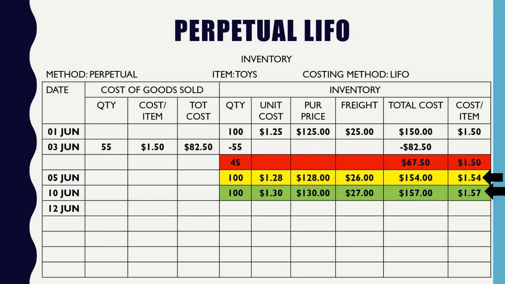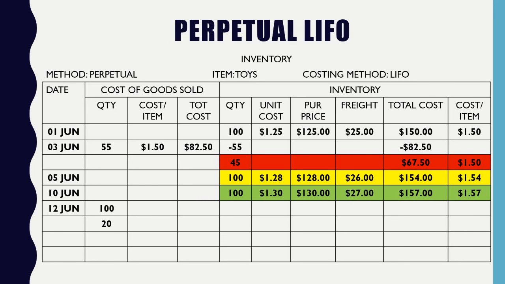My green came first, so I'm eliminating the whole 100, and I need to eliminate another 20 out of my yellow batch. I already know how much my green batch is worth: $1.57, giving me a total of 157. I can eliminate that right away, so I got rid of my green batch.